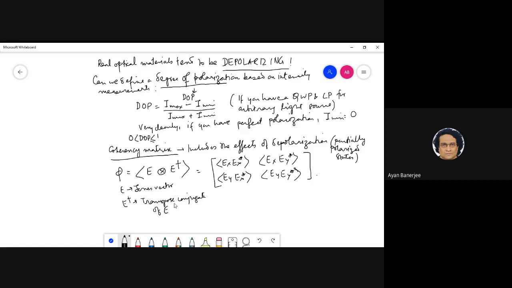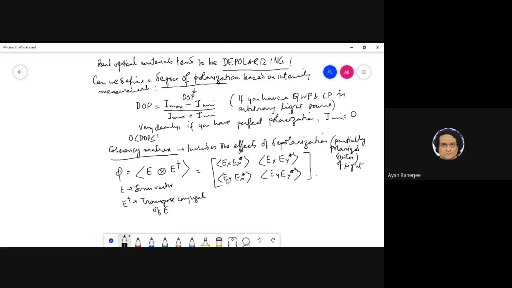Okay, so this is the thing that defines the partially polarized states of light. Very important. These are the steps that we take in order to define an intensity based depiction of polarization.